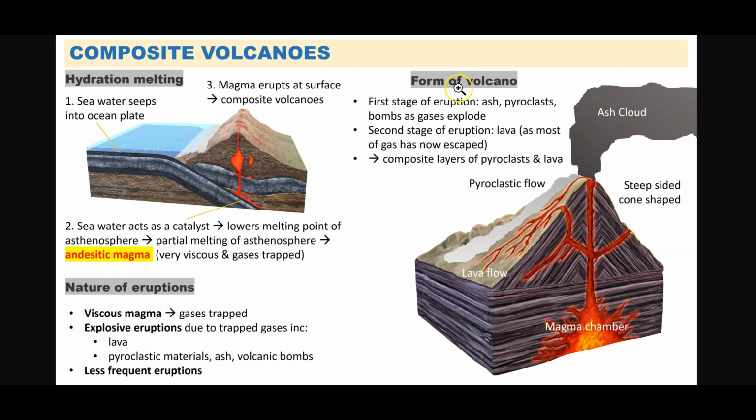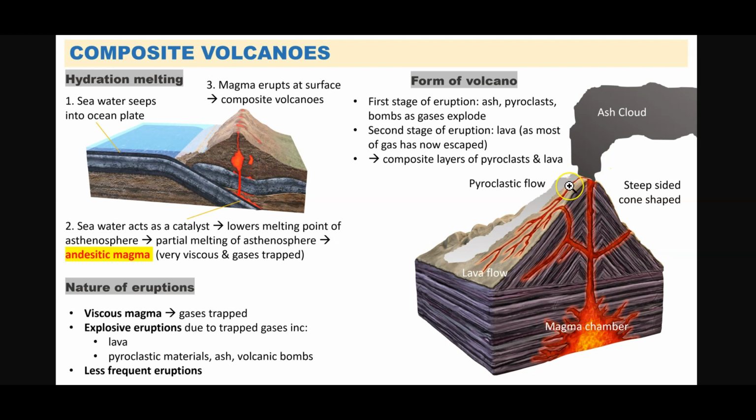Now, the form of the volcano is partly influenced by the nature of the eruption as well. Whenever this volcano erupts, the first things that come out of it are your ash and your pyroclasts, which are basically your fragmented, very glassy bits of lava that have exploded. You get your volcanic bombs coming out. So your ash cloud will go up and your pyroclastic flow.